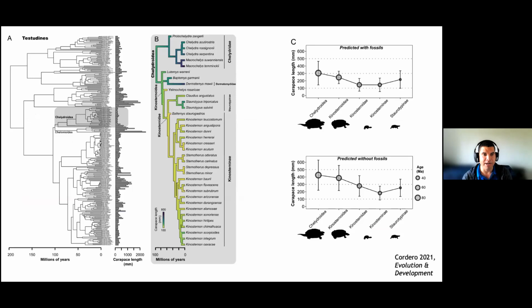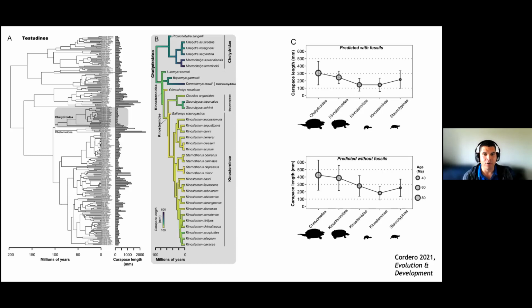To do that, we needed body size information. In panel A, I'm showing body size measured as carapace length for all turtle species. Then we zoomed in on the Chelydroid clade, which is the freshwater species that are sister to marine turtles. We did an ancestral state reconstruction and mapped the predicted ancestral states onto a phylogeny.